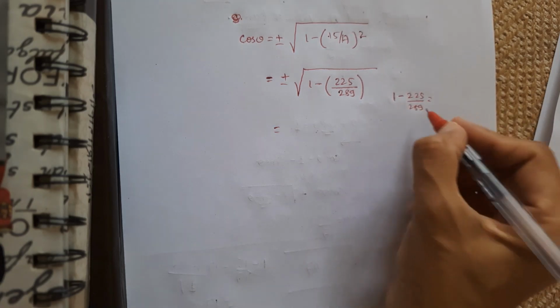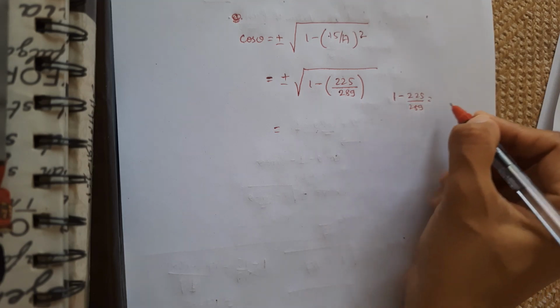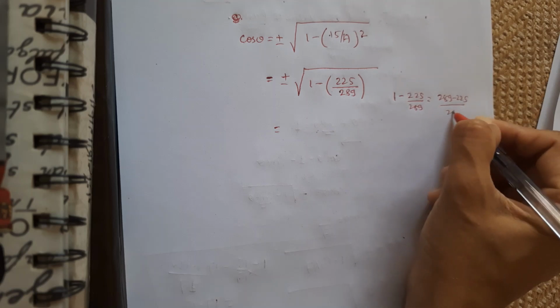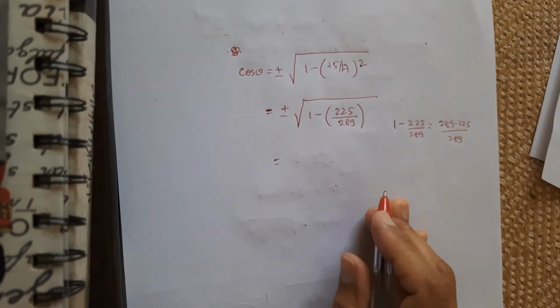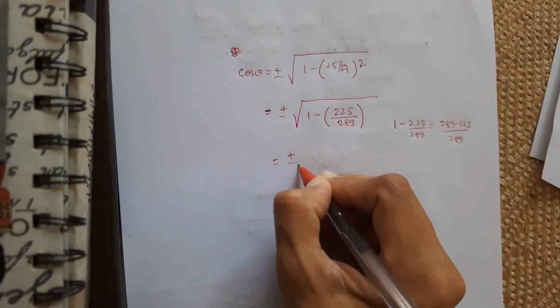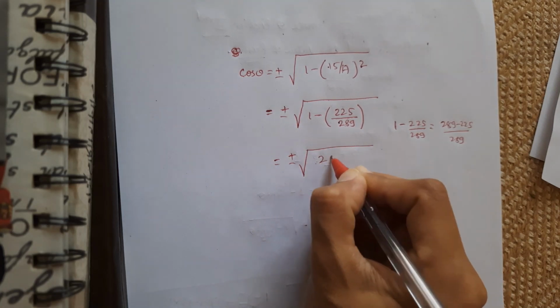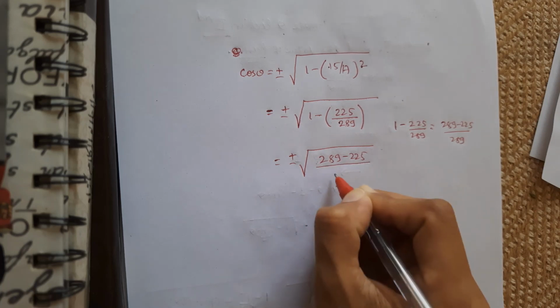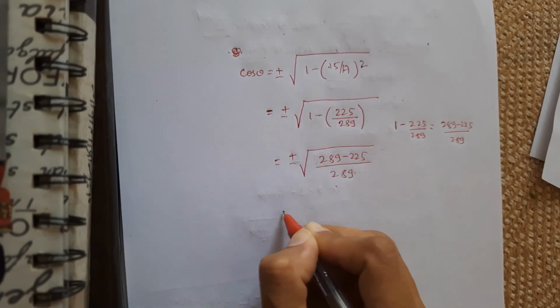What will it give me? 289 minus 225 divided by 289. So it is plus or minus under root 289 minus 225 divided by 289.